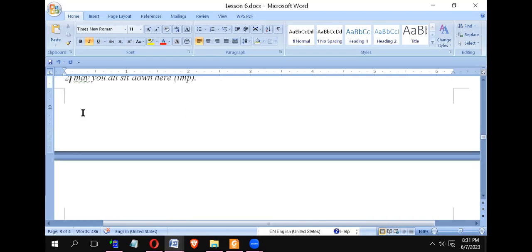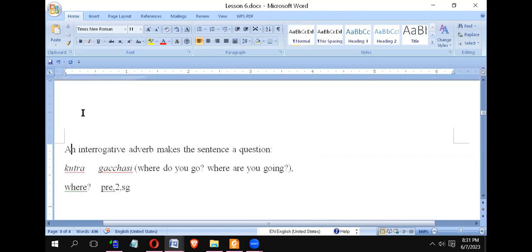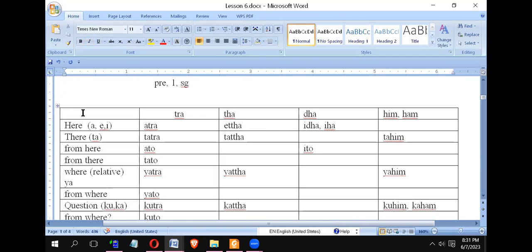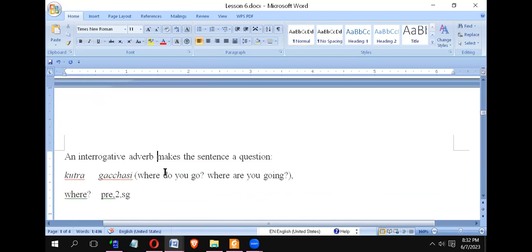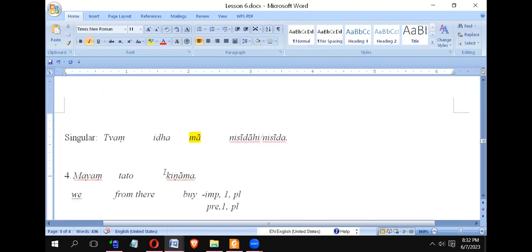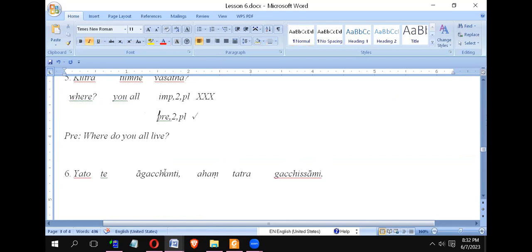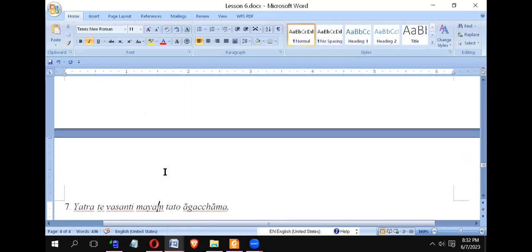When anything starts with a ya, I think you all should really do a table like mine, that's how I learn. Anything that starts with a ya is always a relative here. Ya, yatra, yatta, yatim, and you have the to become yato. So this is number 6, a little bit difficult.